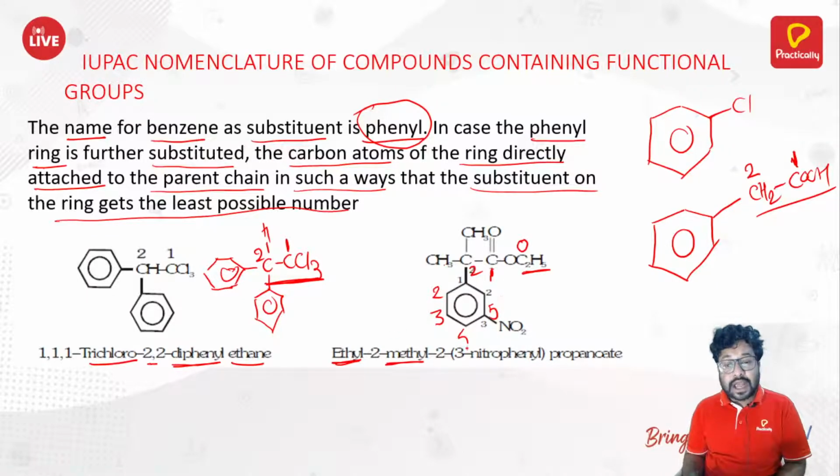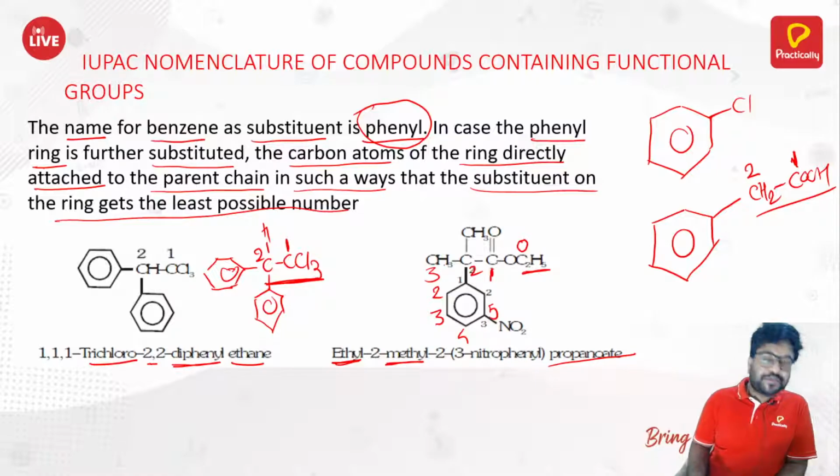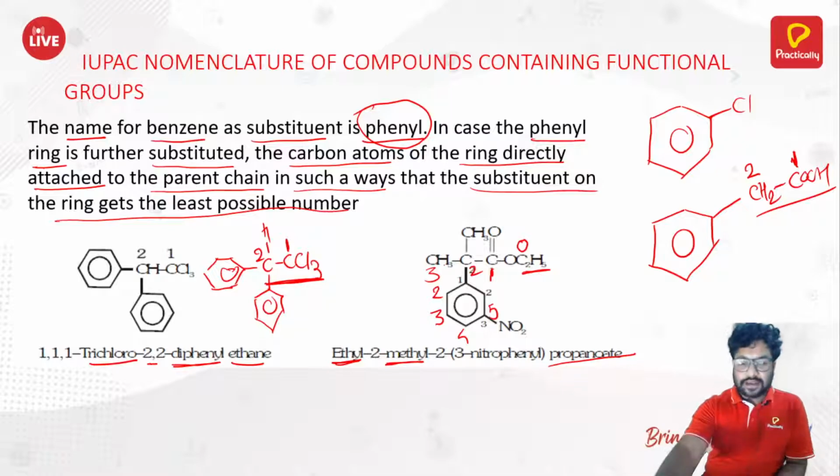Ethyl 2-methyl-2-(3-nitrophenyl) propanoate. 1, 2, and 3 are the three carbons, with doubly bonded oxygen and O. That is propanoate. That's how you name these compounds. Okay, moving ahead.